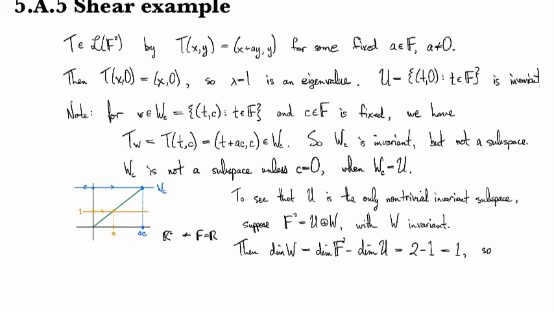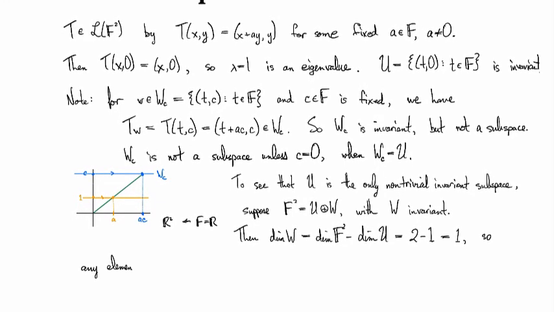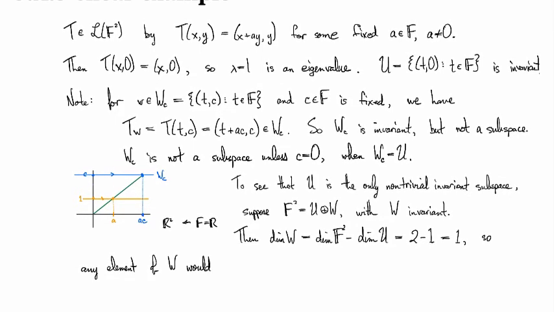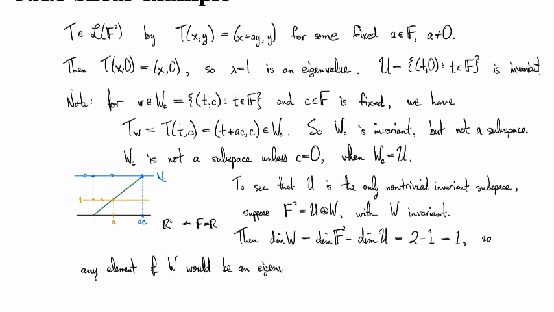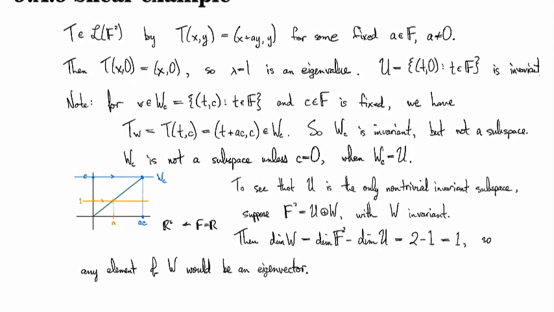So any element of W would be an eigenvector. Right, that one-dimensional subspace is going to look like all scalar multiples of some eigenvector.